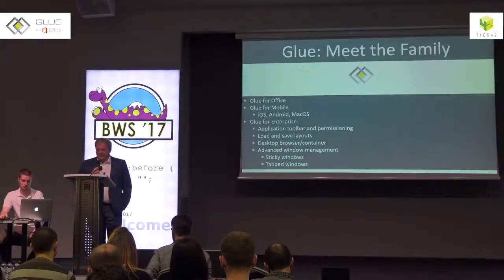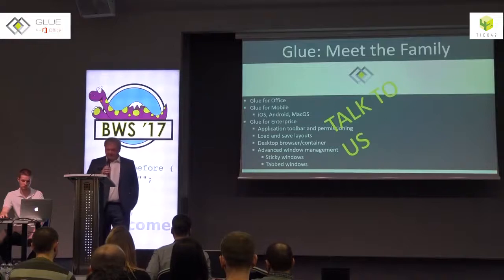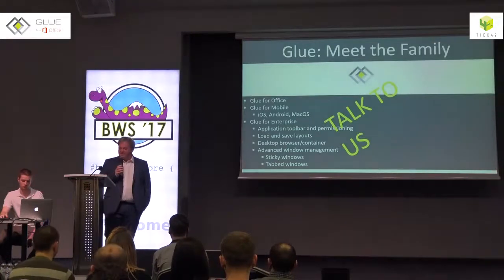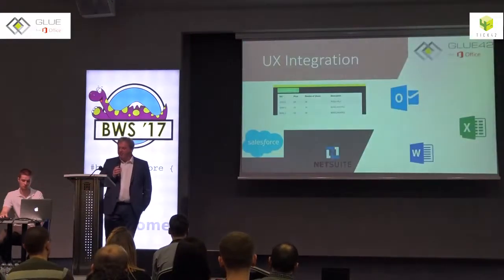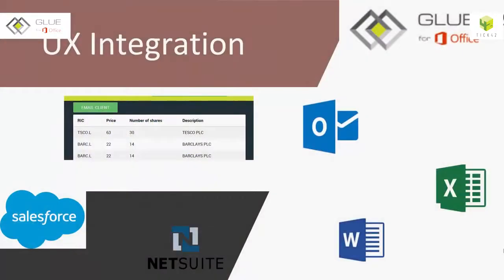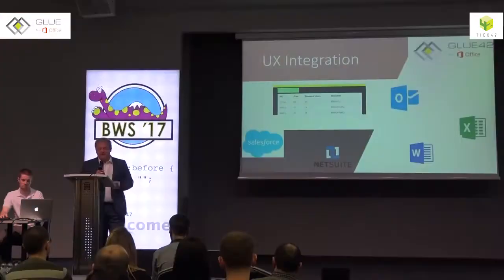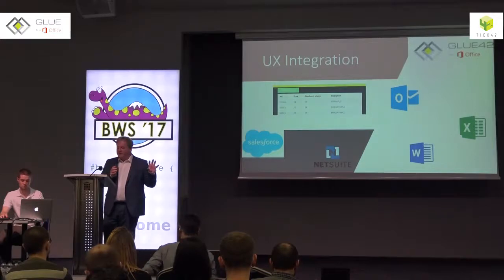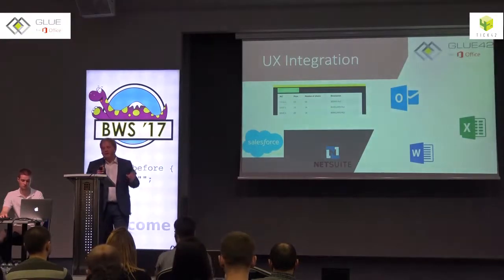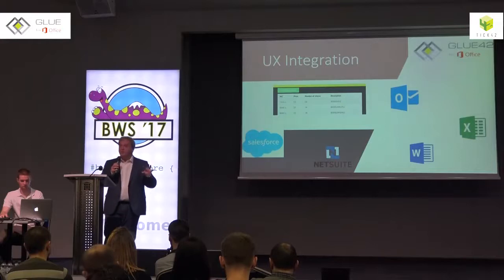So back to Glue for Office, which provides UX integration, and we're focusing here between your web apps and Office. UX integration, just to give you some background on how we think about it, is really about allowing all of the apps that your user is running on the desktop the opportunity to work together, so that your user can have a seamless user experience doing their job, irrespective of which bits of the job are delivered in which applications and which technology is used for those applications.